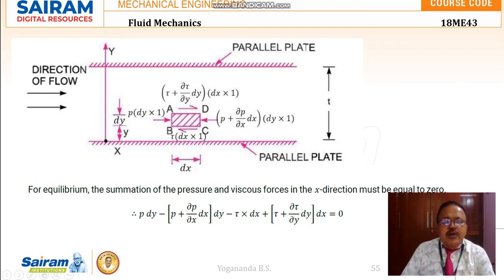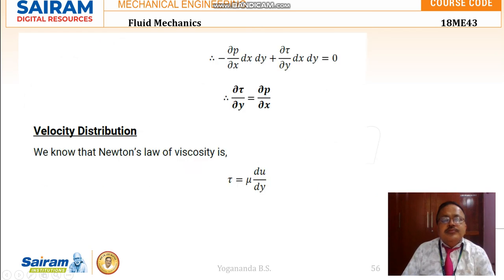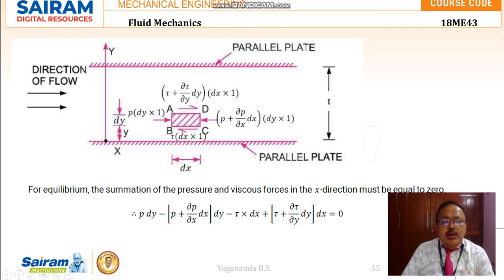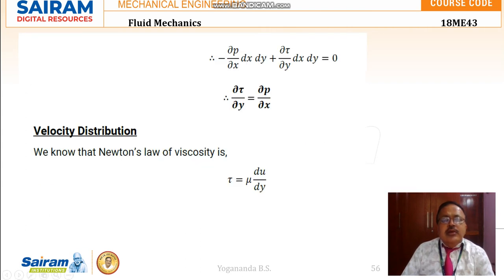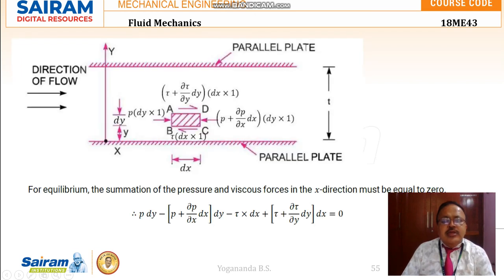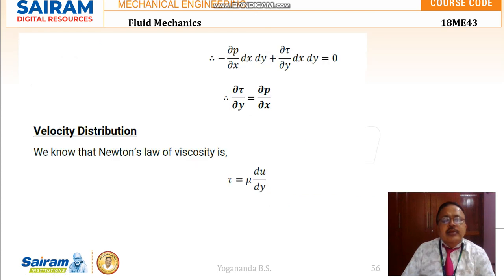Taking the summation of all the forces in the x direction and equating it to 0, and simplifying, we get del tau by del y is equal to del p by del x.